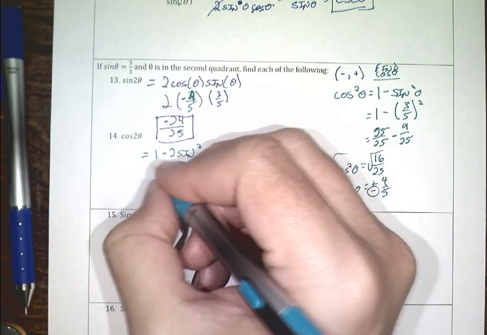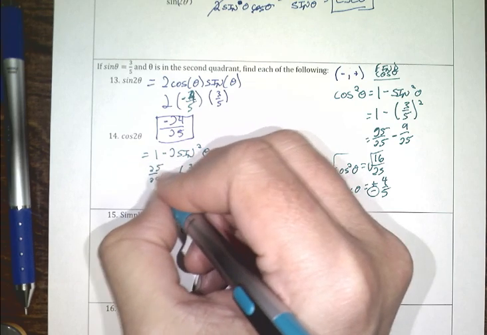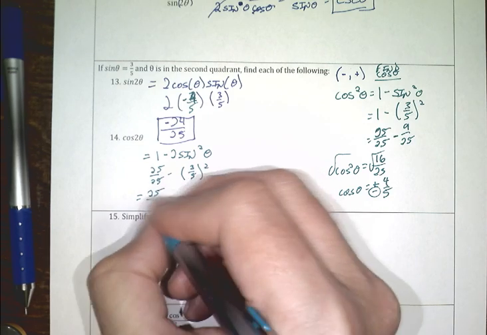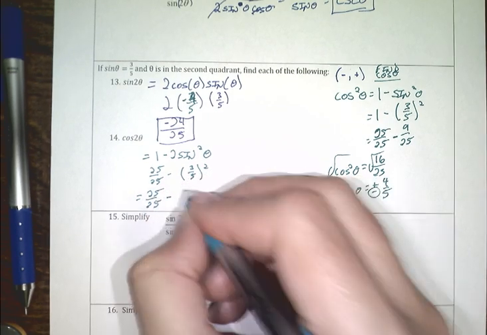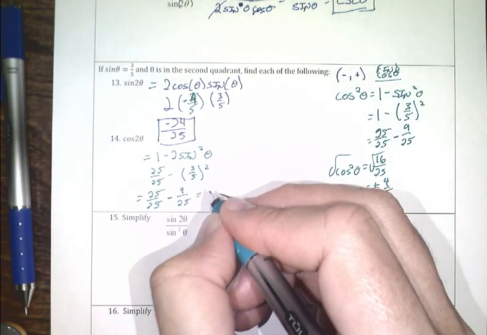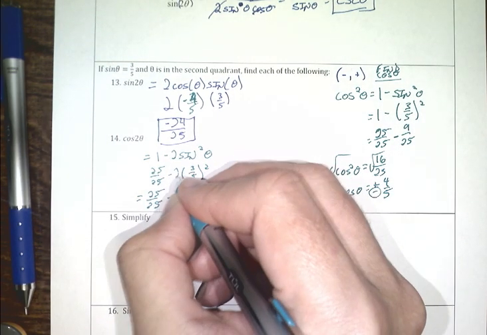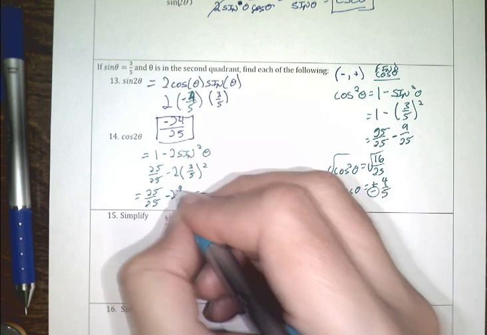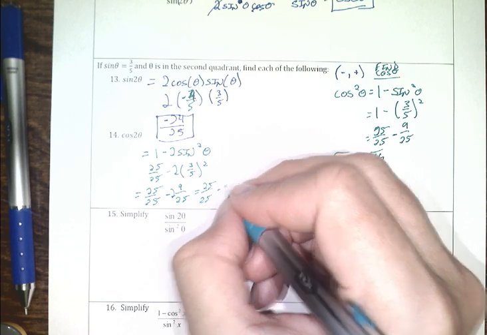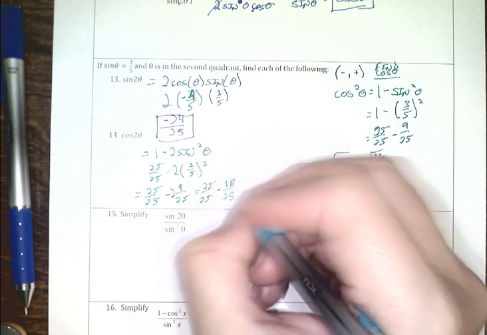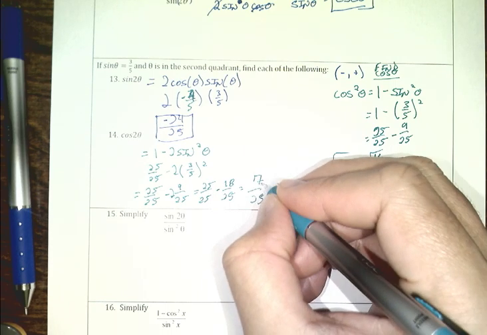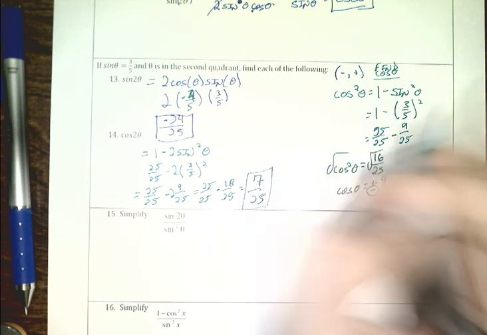And that's going to end up being 25, so we'll make this 25 over 25. So we get 25 over 25 minus 9 over 25, which is equal to, oh, I forgot a 2. There's got to be a 2 in there, so 25 over 25 minus 18 over 25, which is equal to 7/25. Bam.